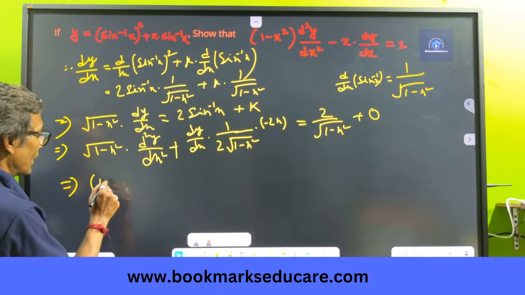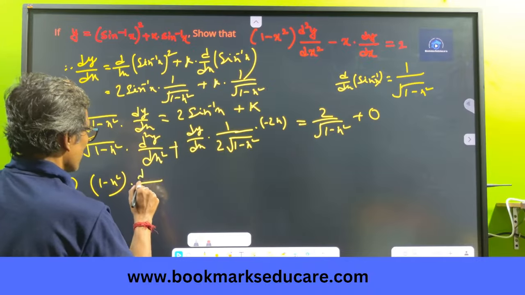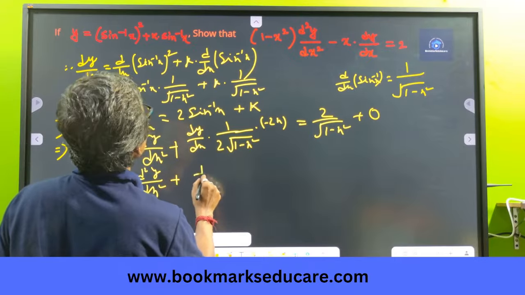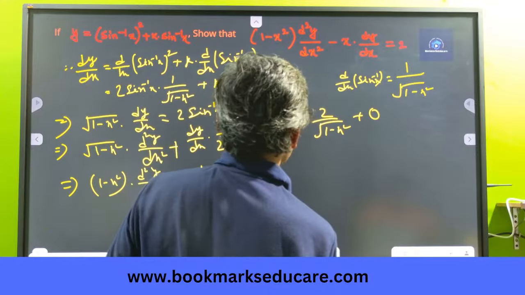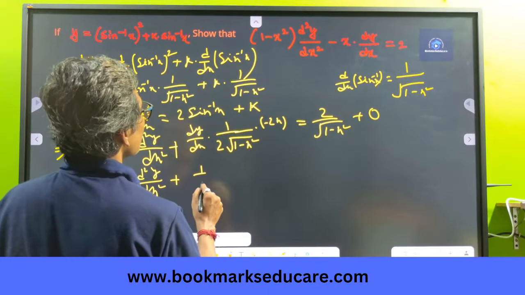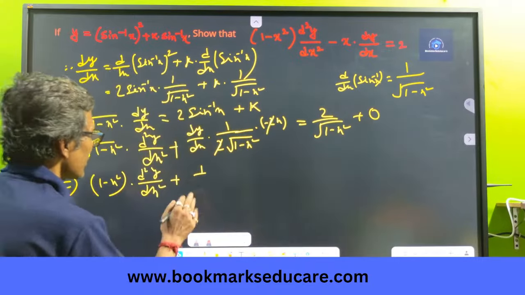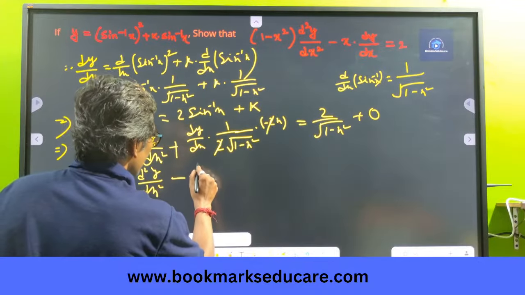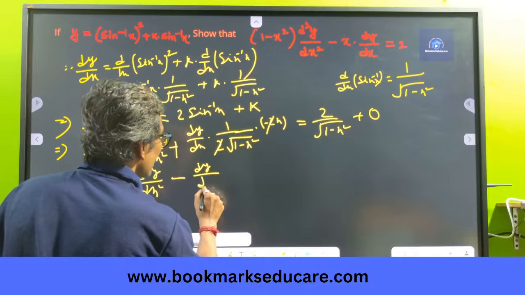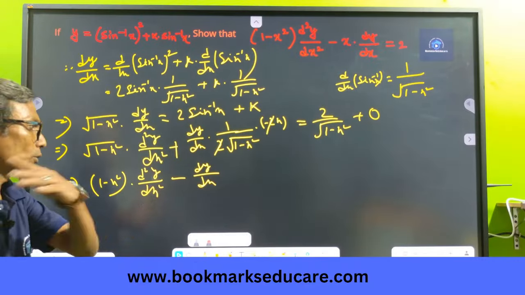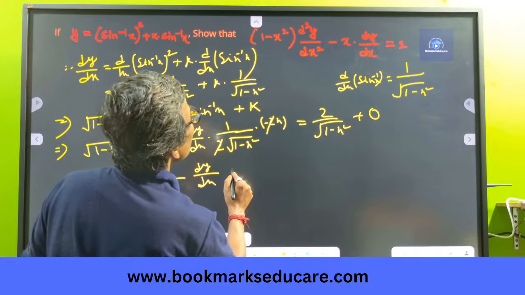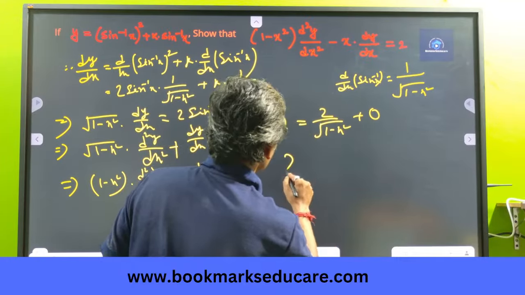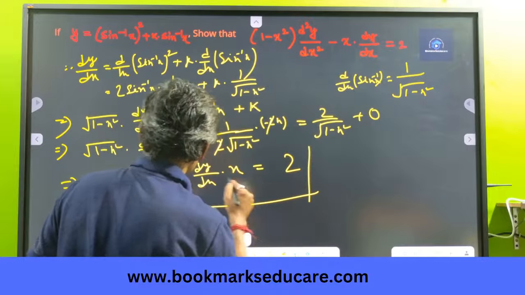So 1 minus x square into d2y by dx2, minus x into dy by dx, the root over 1 minus x square will be cancelled out, is equal to 2. So hence it is proved.